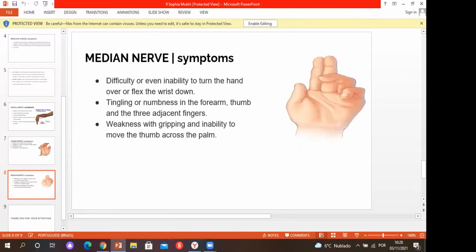Also, there'll be weakness with gripping and inability to move the thumb across the palm. Because the median nerve innervates the thumb, first finger, and second finger. It also innervates the flexor muscles in the forearm.